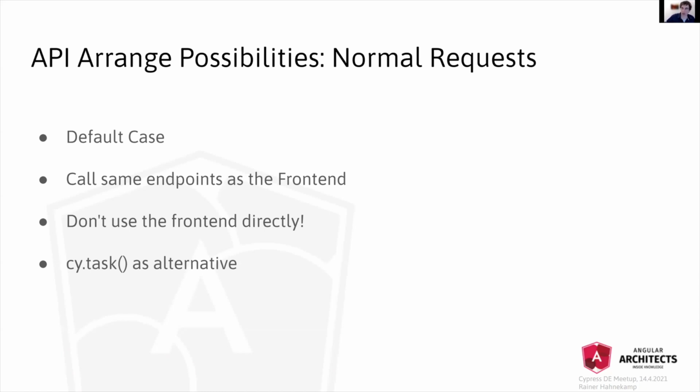But for the arranging part, we don't need any visual things at all. So what we can do is use the request command. Most of the time this should not be a problem, because our front-end application has a sign-up process with some endpoint that it calls, and we can just reuse the same endpoint. We don't have to go over all the various forms.